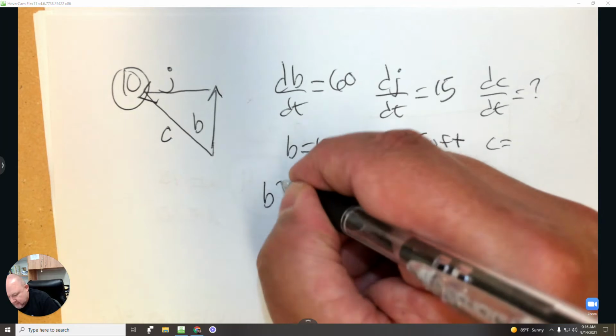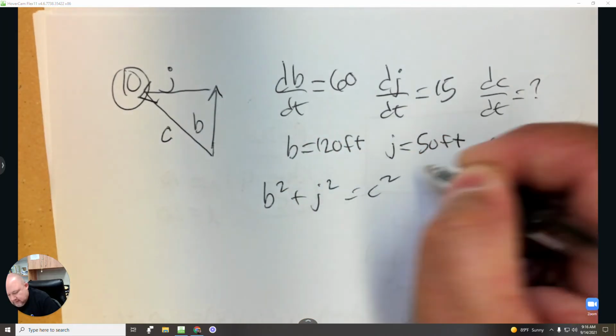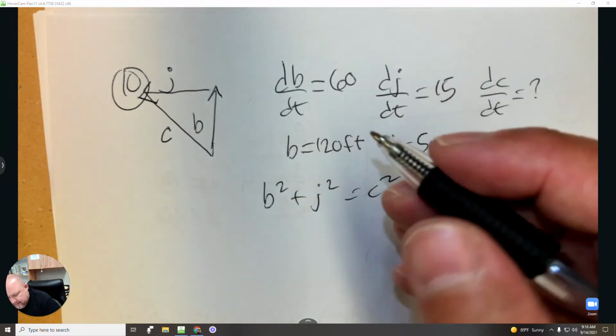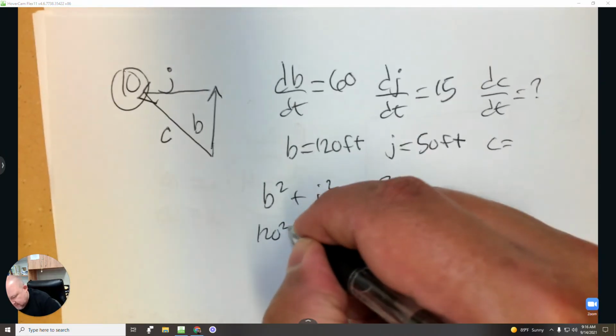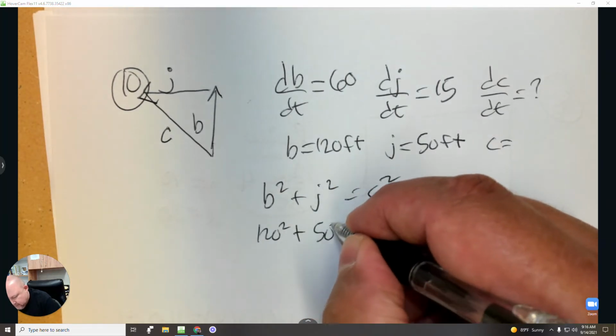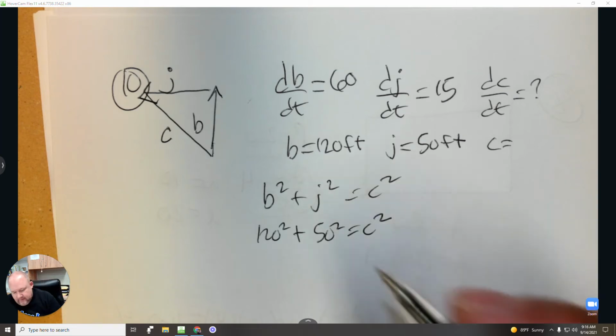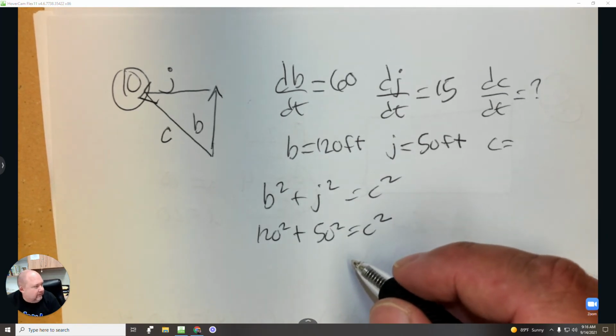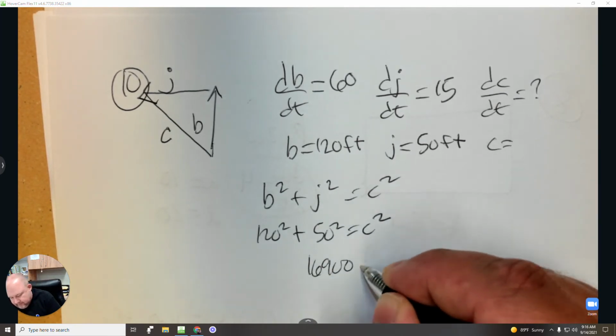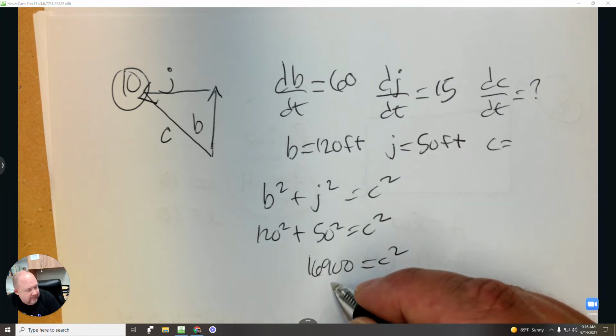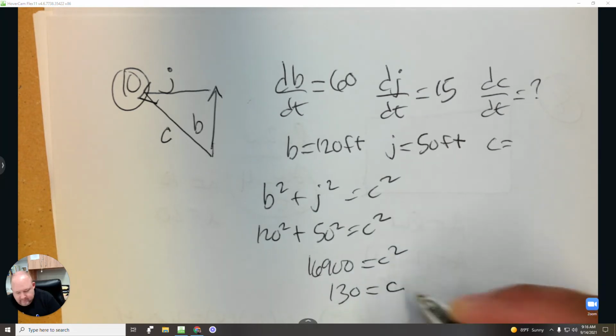So the equation is that we have 120 squared, we have 50 squared, and I don't know if it's a Pythagorean triple. It is. So if you solve this and square root it, you get 130.